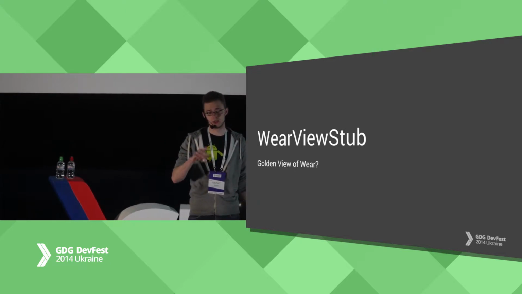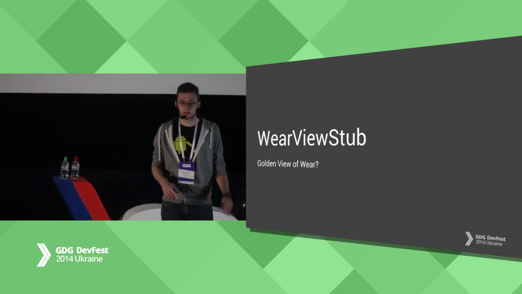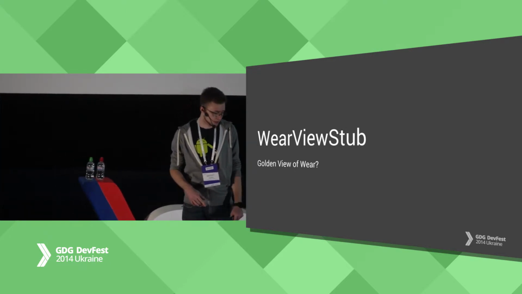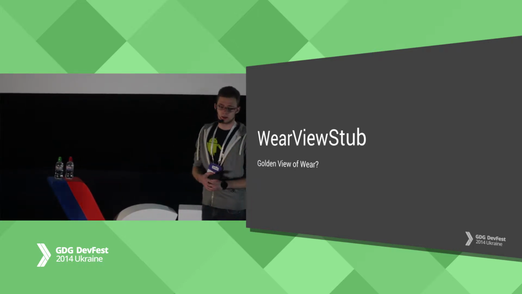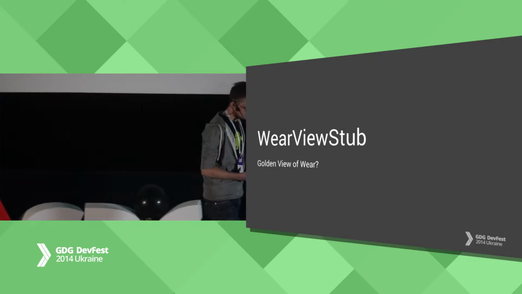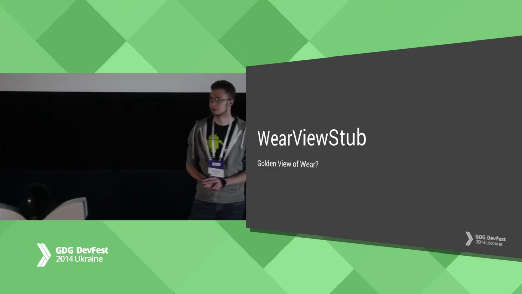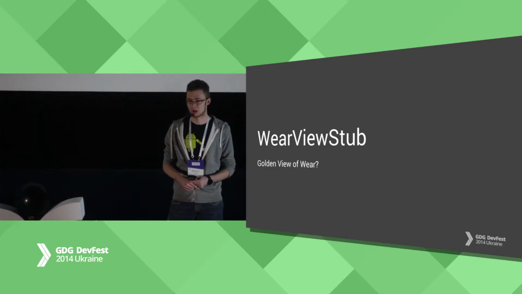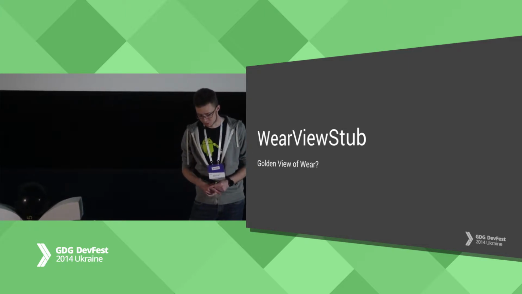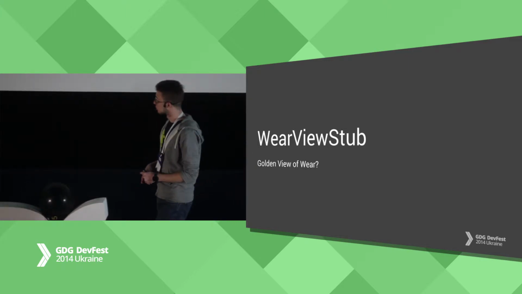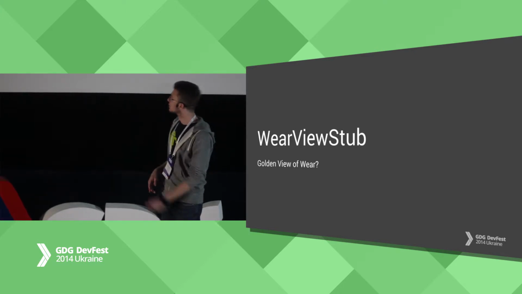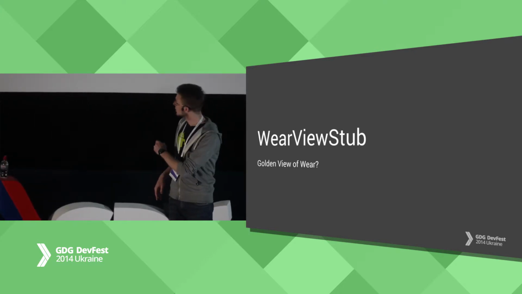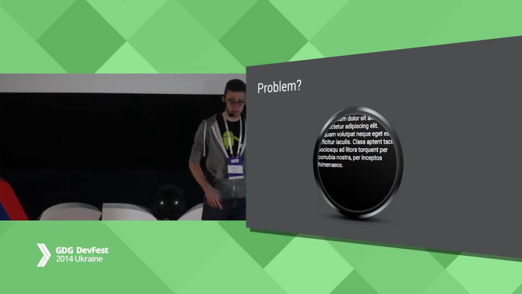You create a project and select Wear as an option, and WearView Stub will be the suggested option. So Google is using that to also cover round shapes of our smartwatches. But isn't it a golden view for our smartwatch? Probably not, but I will answer that in a moment. And it covers that problem.